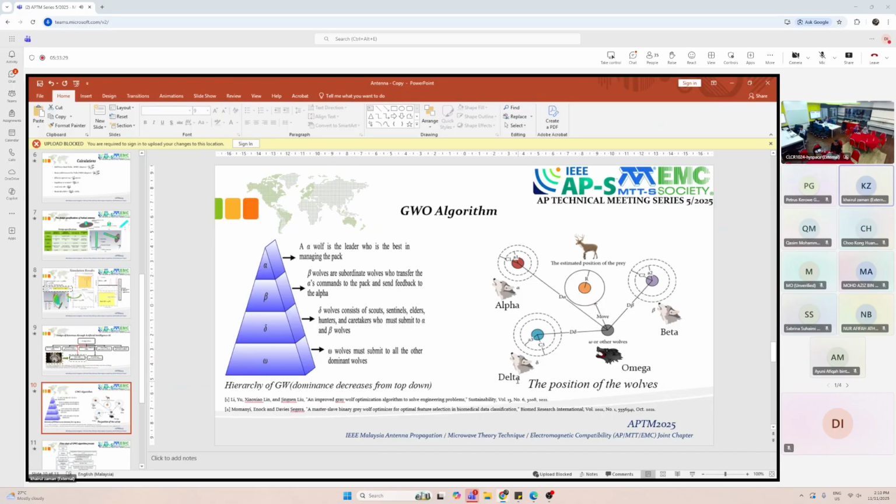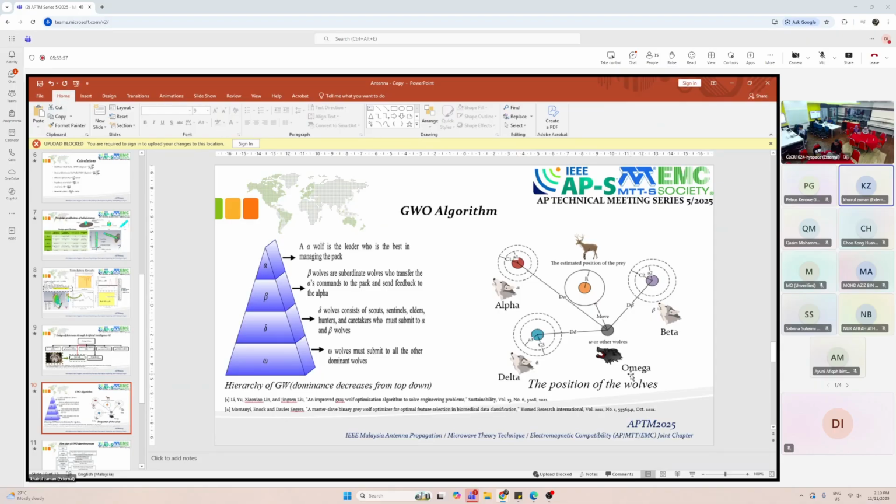The third type of wolf is delta. This group consists of the hunters, the old wolves, or caretakers who submit to alpha, which means they submit the information when they go hunting. Here's the prey. They submit the information to beta and alpha.